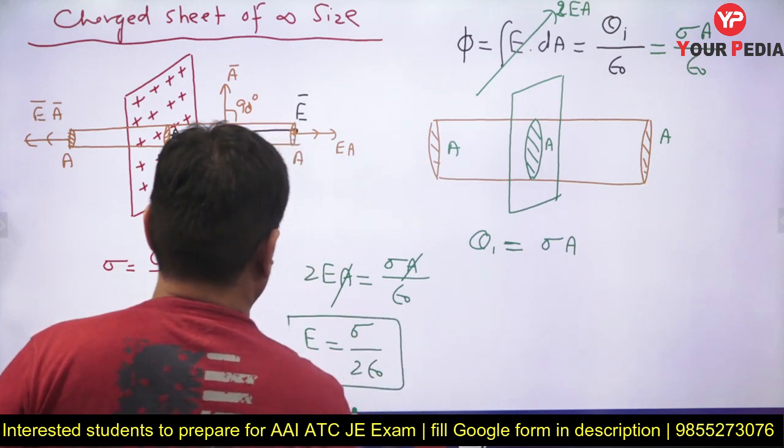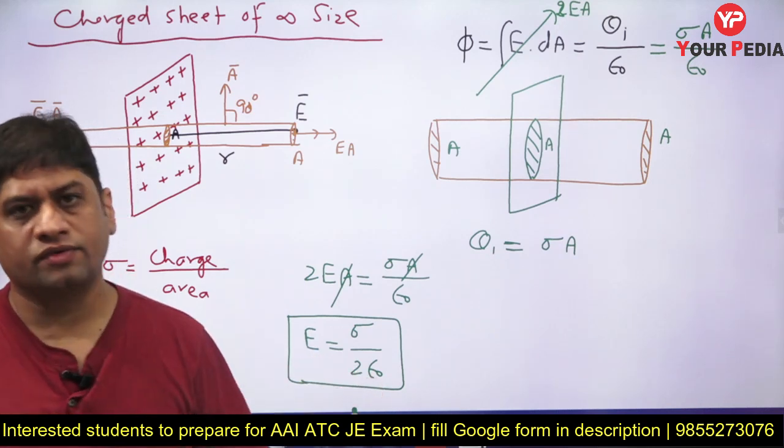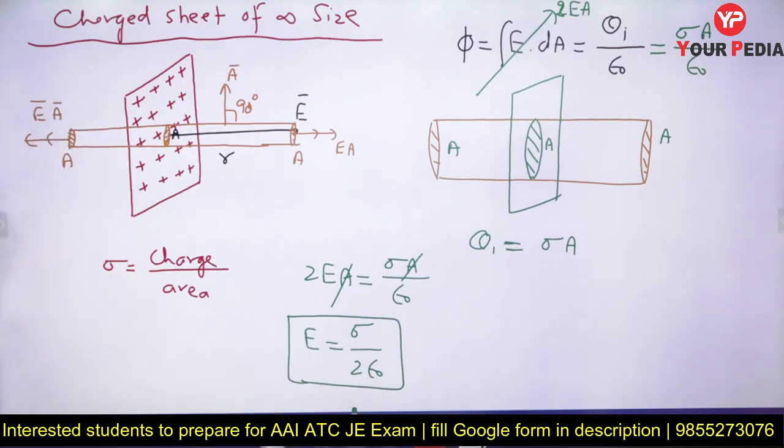Again, a very important formula. If I give you an infinitely large sheet, the electric field at a particular position is to be calculated like this. And you see this carefully, it is independent of the radius. It does not depend upon the radius.